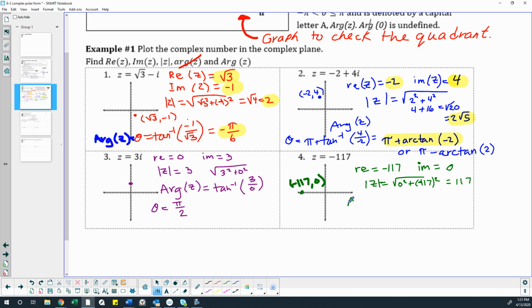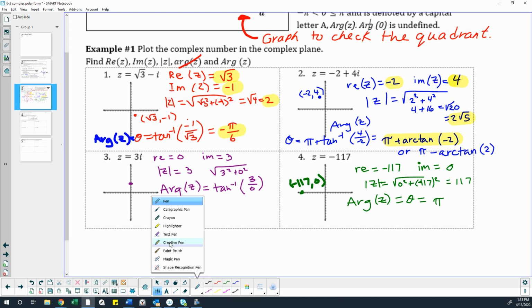So our argument of z or theta is, right. For some reason I was going to say negative pi, and then I remembered, oh yeah, if you're thinking the answer is negative pi, just change it to pi because that's the one that's included. Okay, pausing this video took way too long.